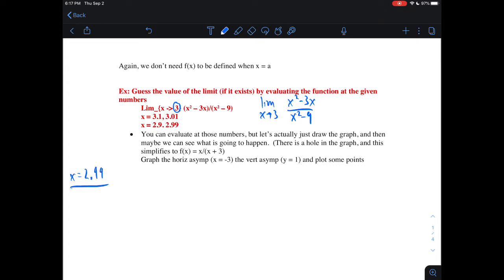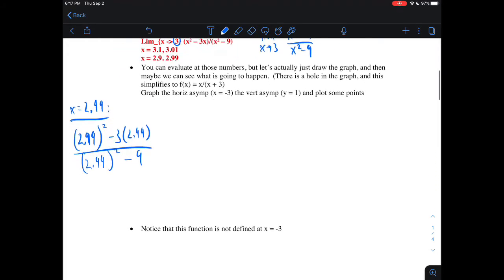So this just means I need to take 2.99, square it, and then subtract 3 times 2.99, and then divide by 2.99 squared minus 9. And then let's also do the same thing for when x is equal to 3.01.